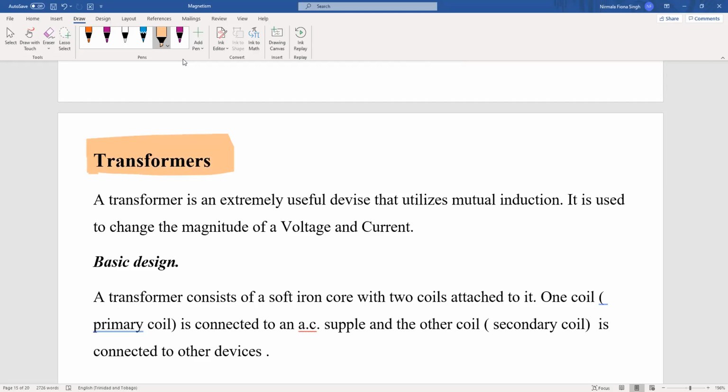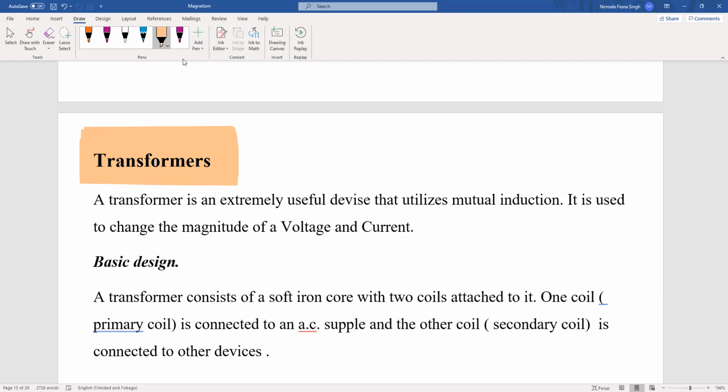Transformers are one of the most important electrical devices that exist. We would not have electricity in our homes without transformers. We would not have electricity as cheap as it is without transformers. Very, very important device in modern electricity.